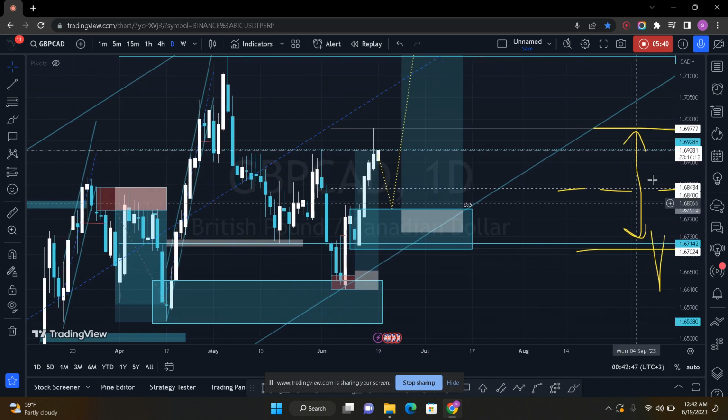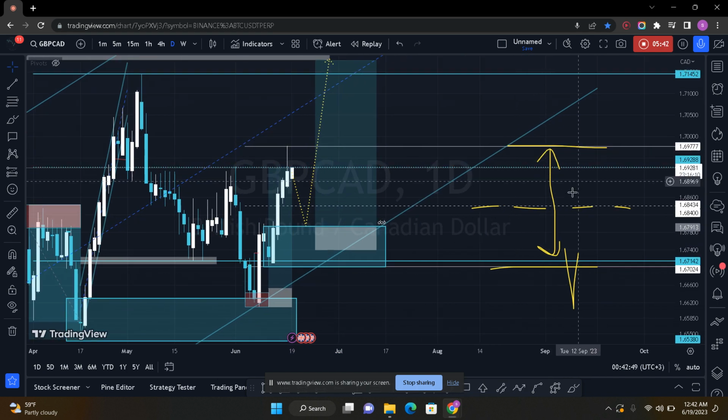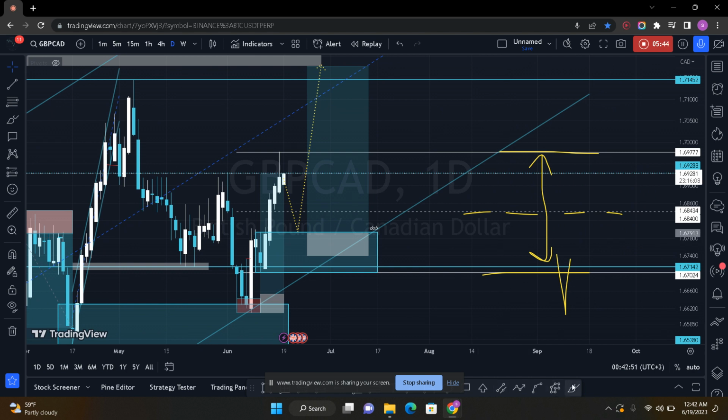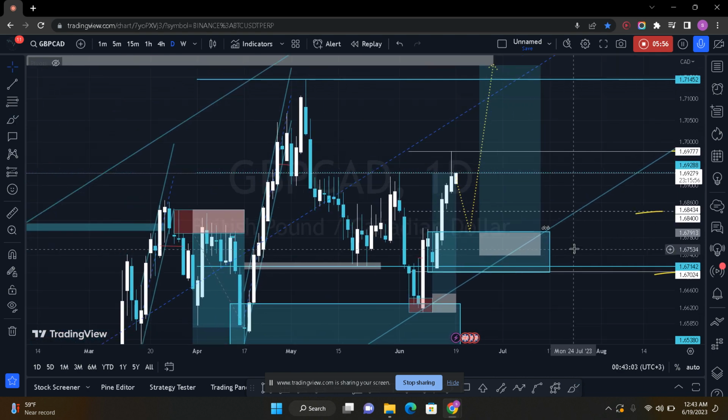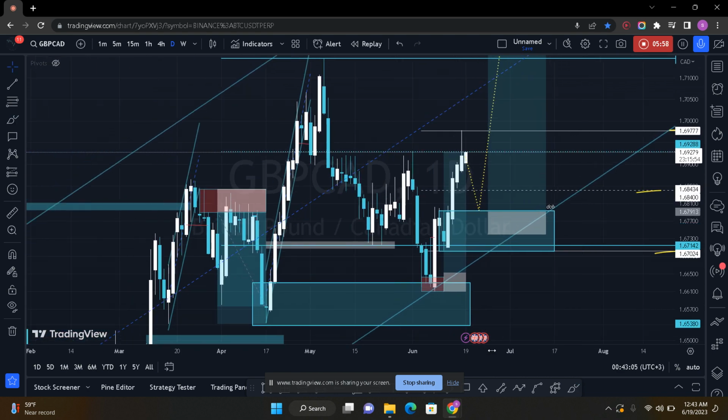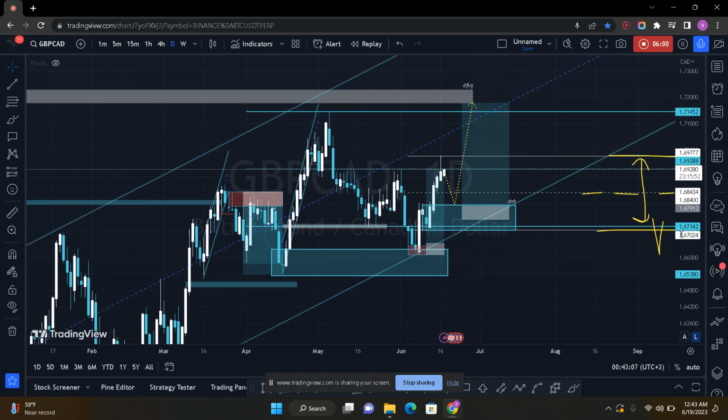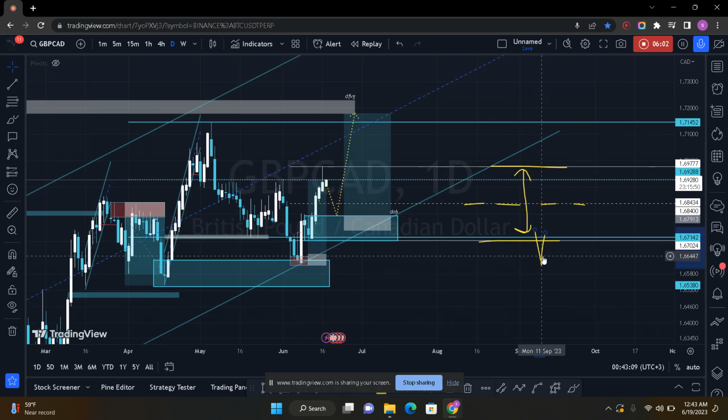So within this weekly range that I have highlighted, I would like to see price retrace, test for liquidity right here, then have an aggressive move to the upside. That is what I anticipate for price to do. Then onto the monthly range. Just a second, let me clear this.